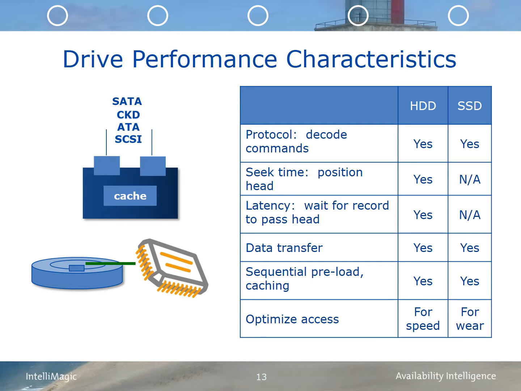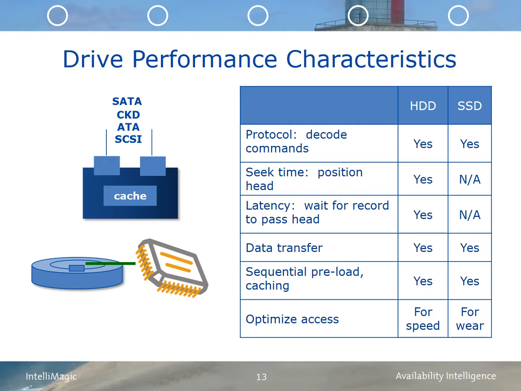So let's compare the HDD and the SSD based on the drive performance characteristics. They both have protocol that's required to decode the commands depending on the interface and the type of protocol being used. In terms of the HDD, there is seek time for the position of the head, and in terms of the SSD, there's no seek time. In terms of rotational latency, waiting for the record to pass under the head, HDDs have these, SSDs don't.